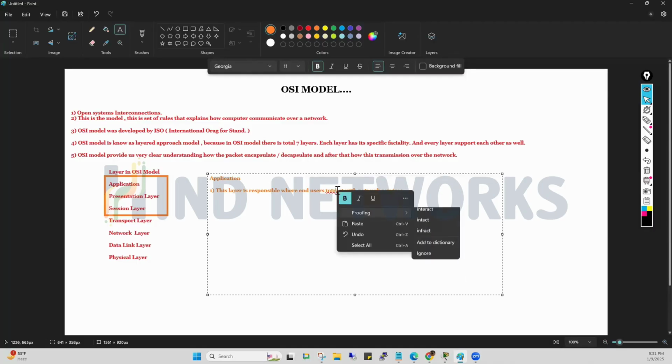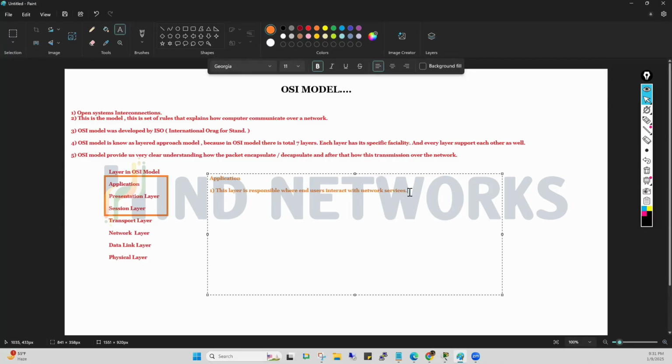Interact with network services. Understand, that is the first point about the application layer.